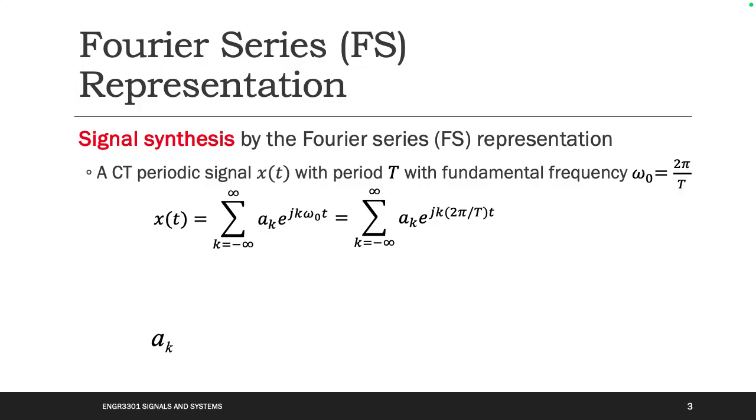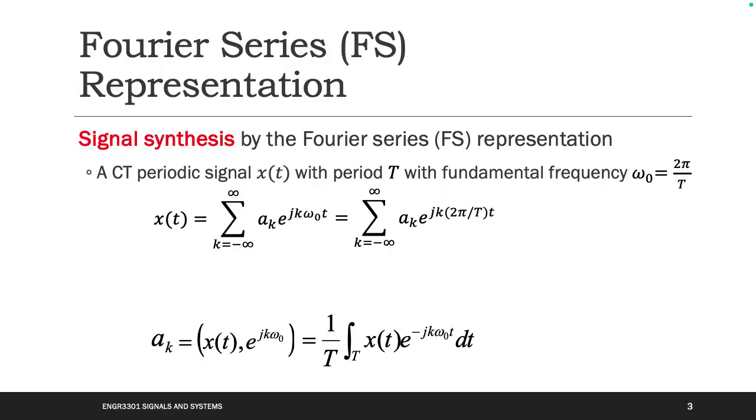For signal analysis, we mainly focus on the coefficient. Do you remember? The coefficient equals x(t) dot product with e^(jk omega naught t). The e^(jk omega naught t) is actually just the different components used to generate the signal.